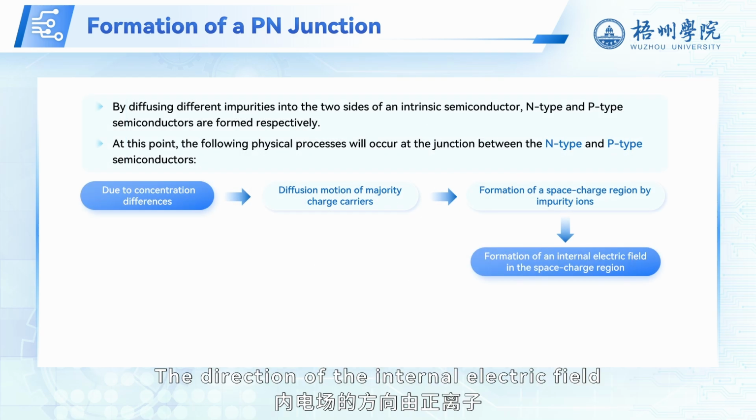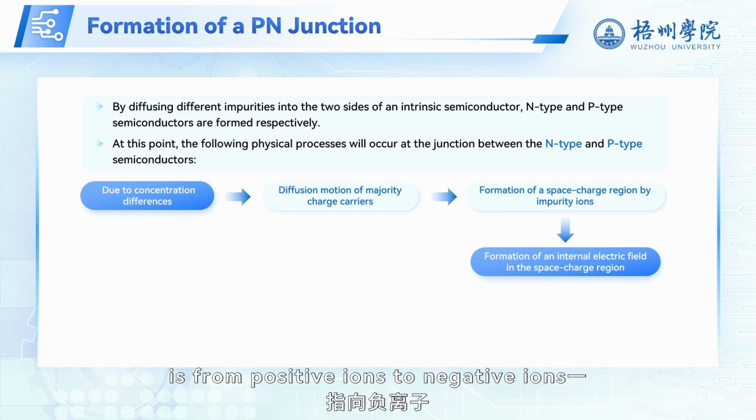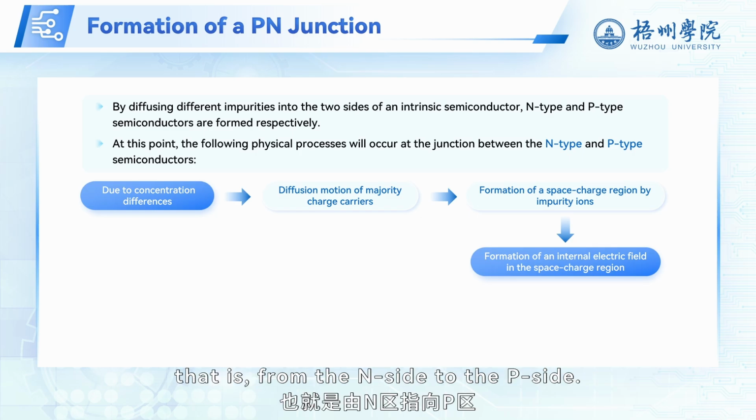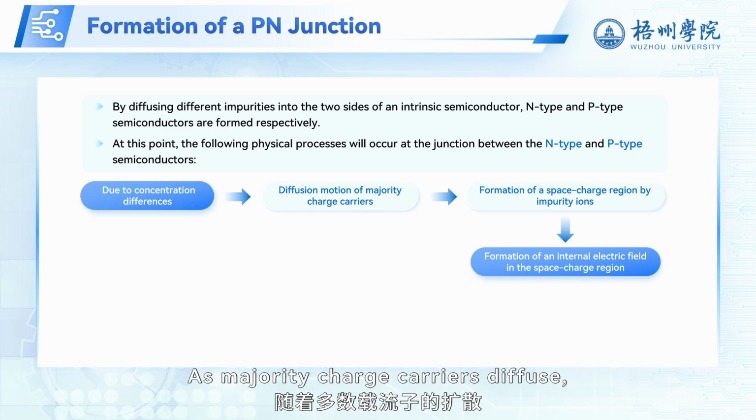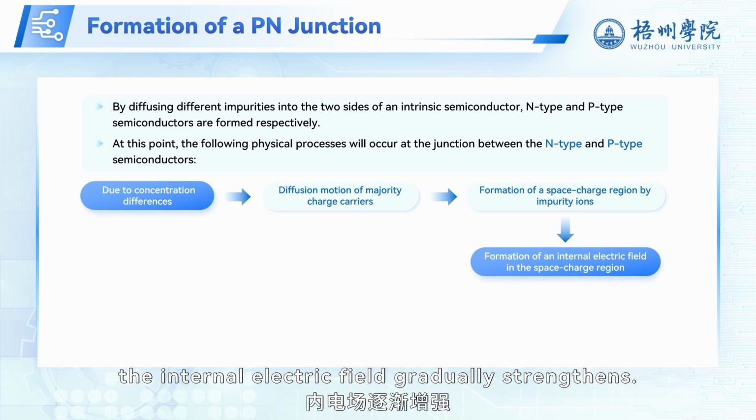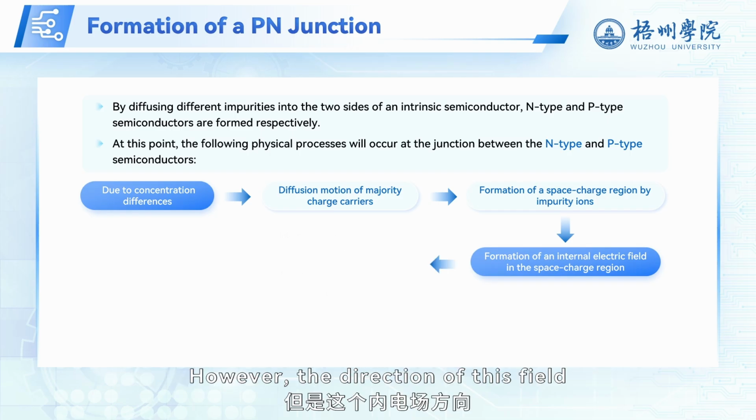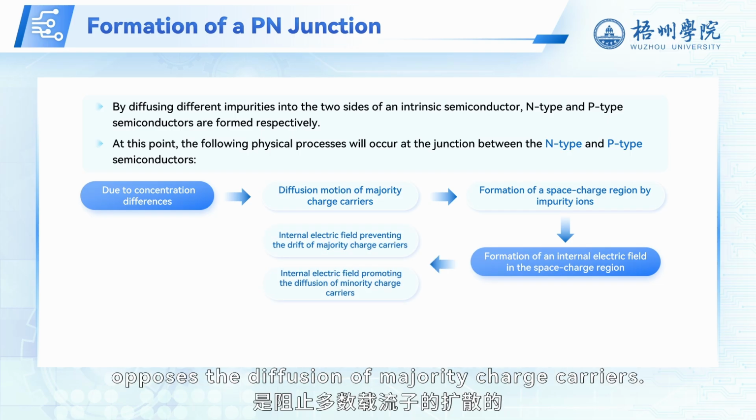The direction of the internal electric field is from positive ions to negative ions, that is, from the n-side to the p-side. As majority charge carriers diffuse, the internal electric field gradually strengthens. However, the direction of this field opposes the diffusion of majority charge carriers.